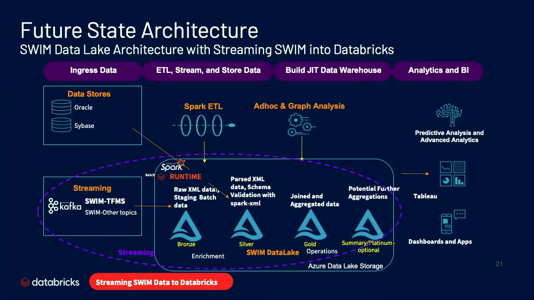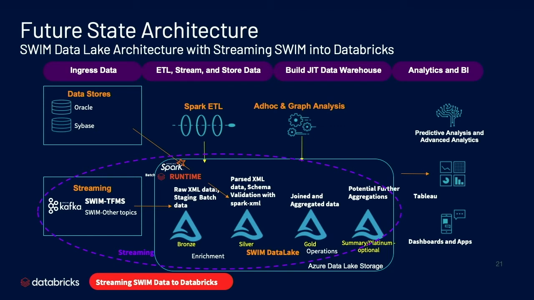So what you see here is our idea of what the future state architecture would be. That would be to include either relational databases, something like Oracle and Sybase, which have historical data in them, and couple that with the streaming data and bring that into a raw Delta Bronze table using Spark and Databricks runtime.